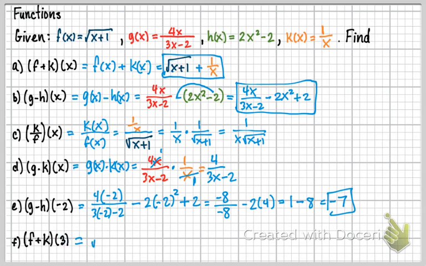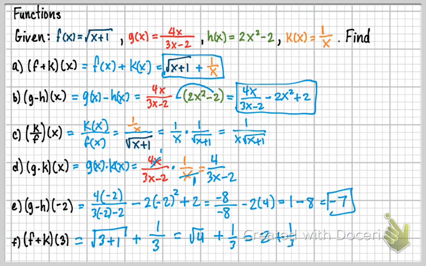So I have the square root of 3 plus 1, and plus 1 over 3. So this equals the square root of 4 plus 1/3. And the square root of 4 is 2. So 2 plus 1/3.